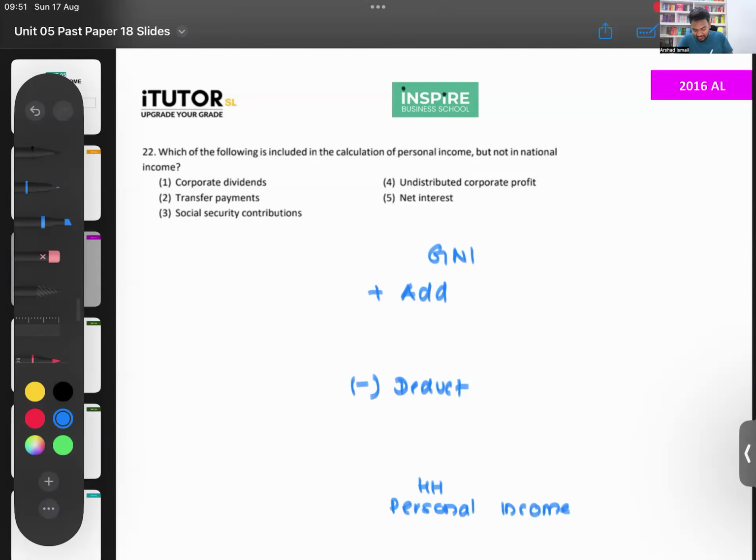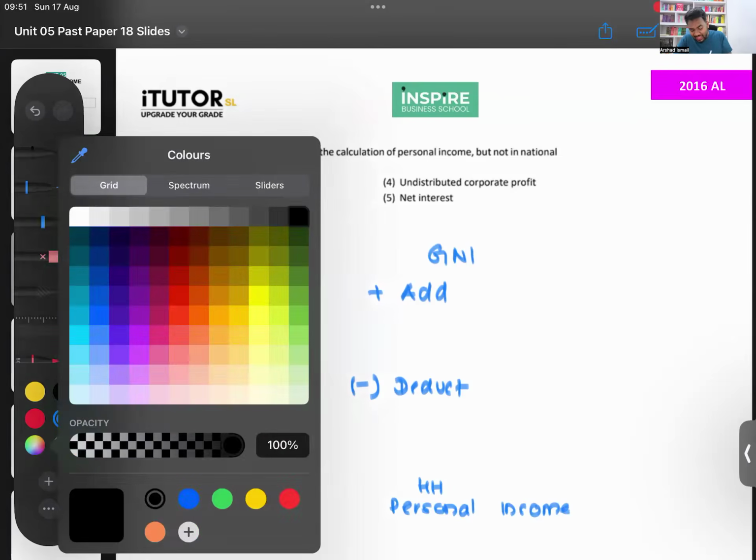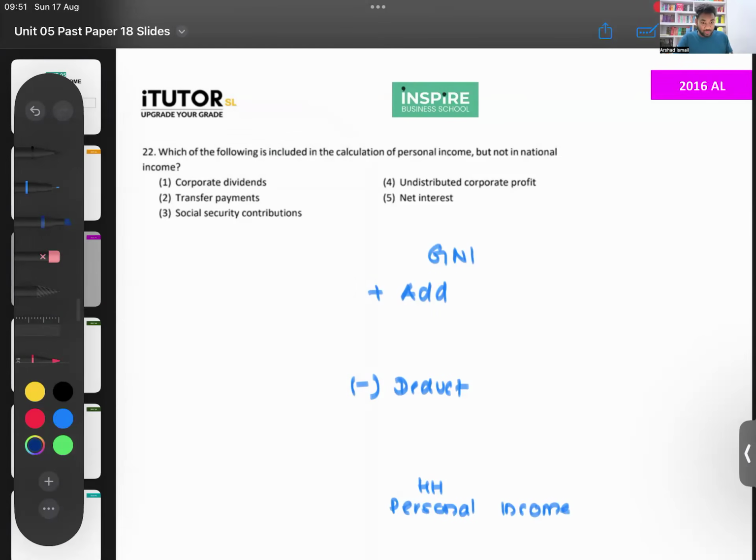Can you all first tell me, what are the things that we add? So from your gross national income to go to personal income, right? One of these has to be your answer. The question is saying, which of the following is included in personal income, but not in national income. So it's not in national income, but it has to be a part of personal income. That's why we are adding, right?